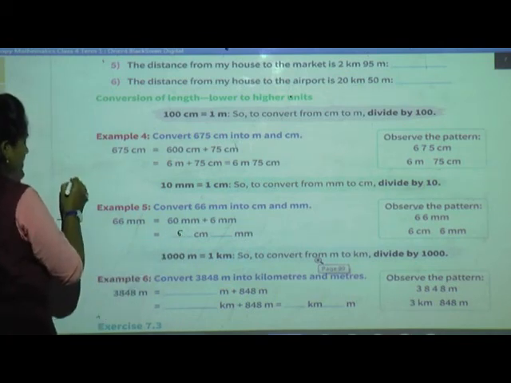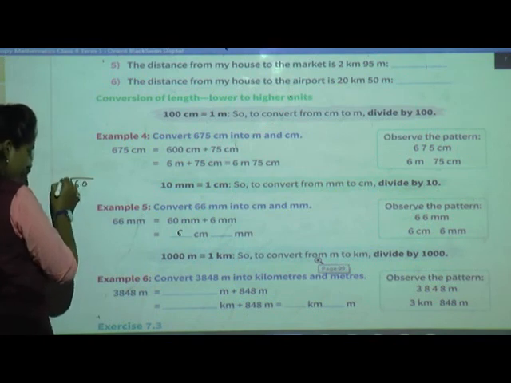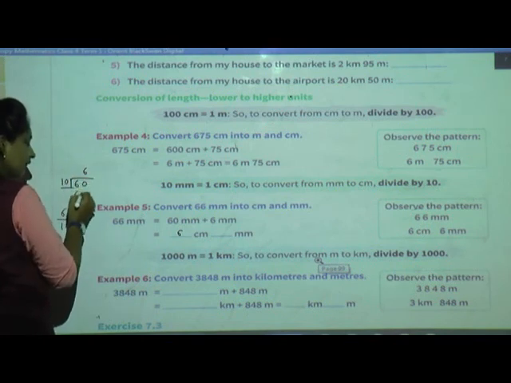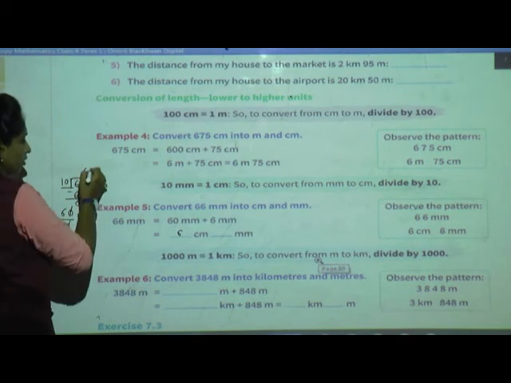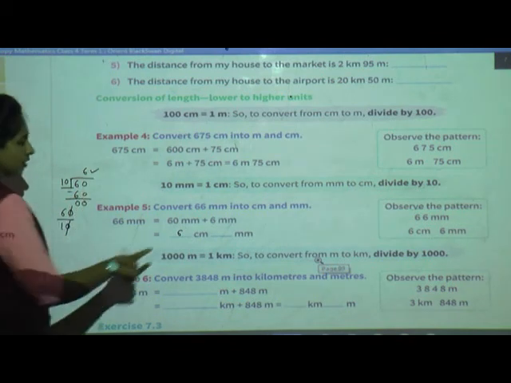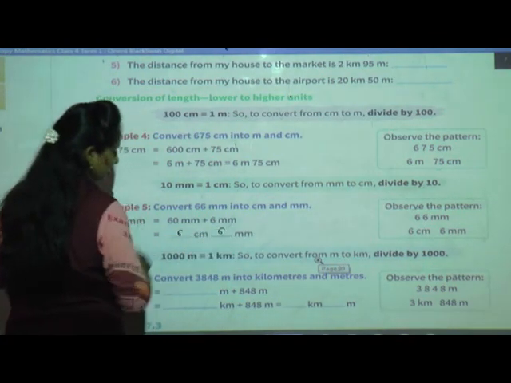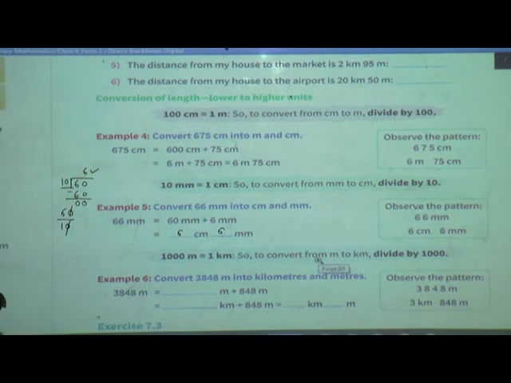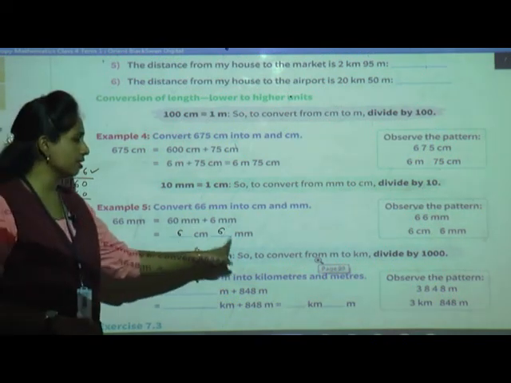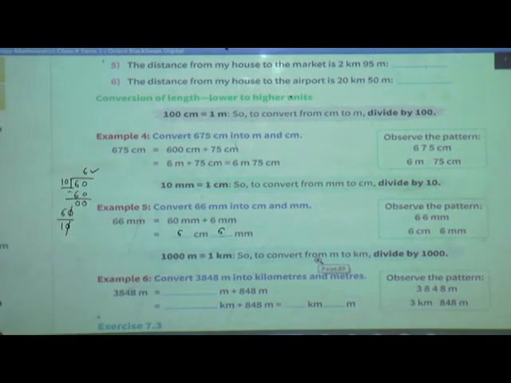You can do otherwise in this way also, don't be confused. 10 sixes are 60. The answer is 6 and the 6 mm as it is. So the answer is 6 centimeter 6 mm. Clear? Yes, very good. Now we'll move to the next.